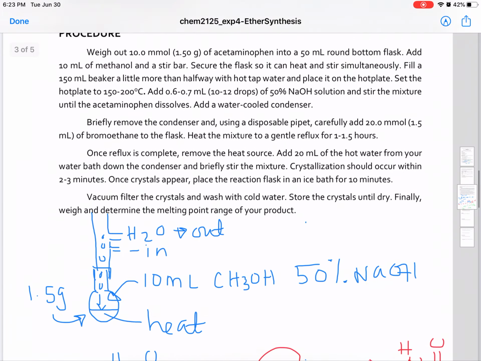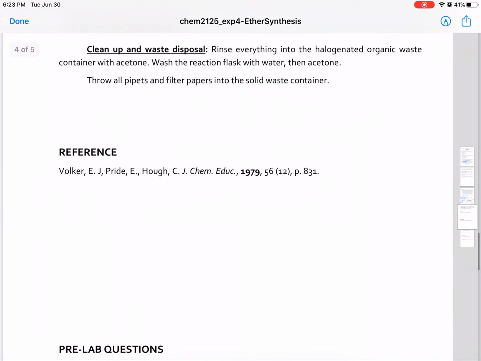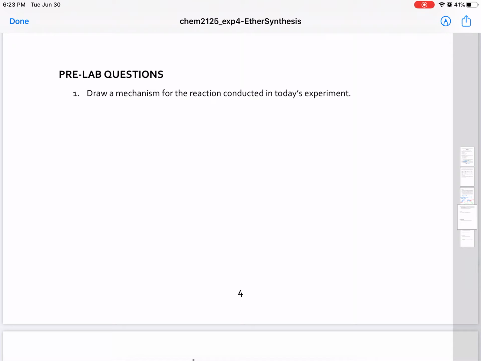This is what you need to explain. I just explained it over here: how the experiment is being done and what's happening when you add reagents to your reactants. So you have to put together all that and draw a mechanism for the reaction conducted in today's experiment.